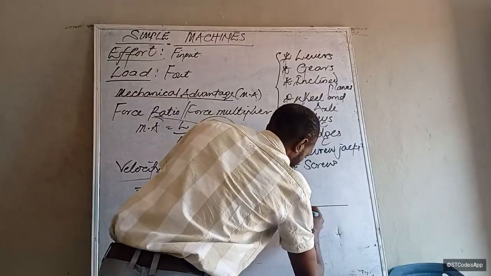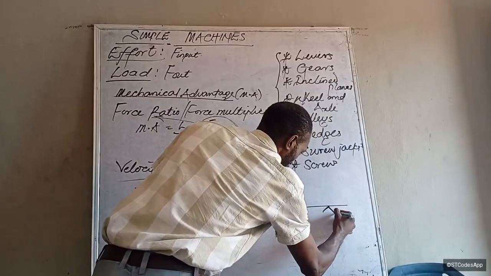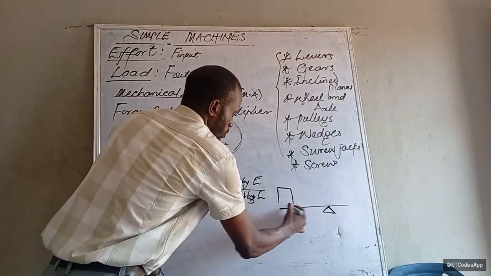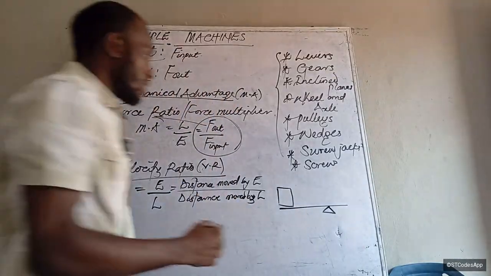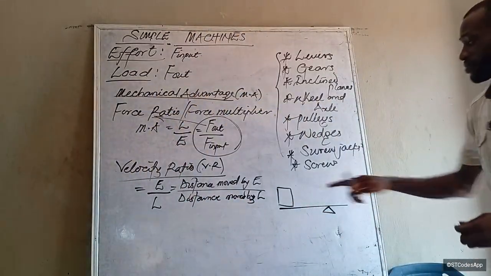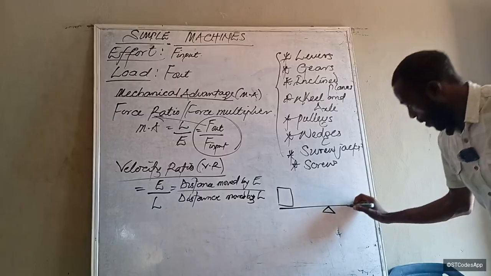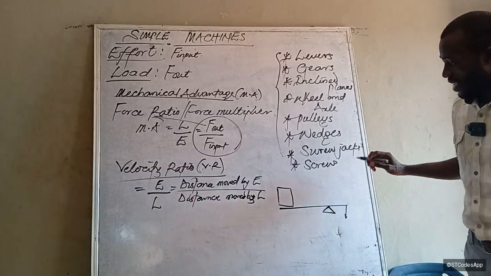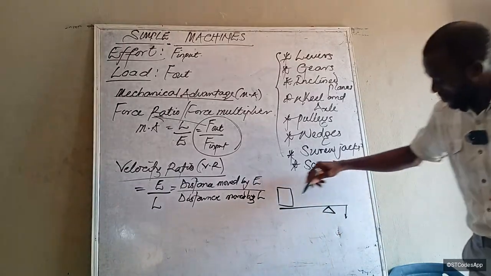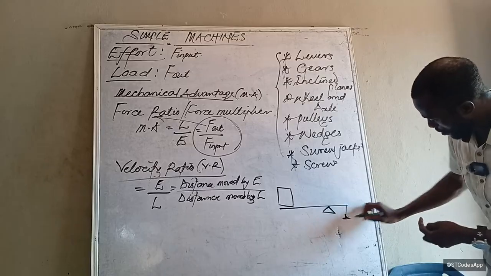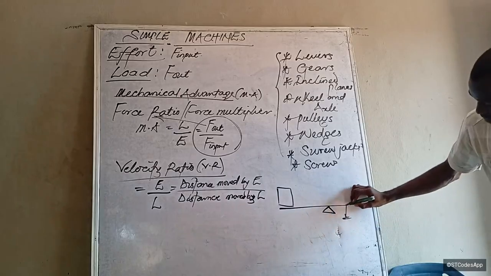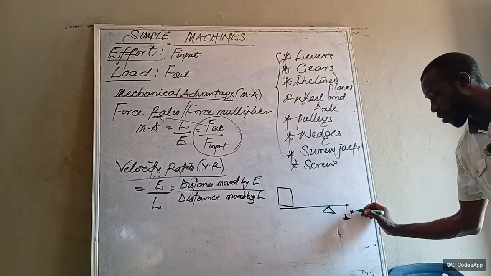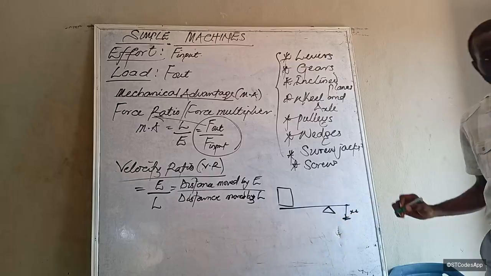Look at this lever, for example. I pivot this point and I want to overcome this load. So if I want to lift this thing, I will apply a force downward, right? If I move this thing from this point to this point, let's call this displacement x of my effort, x of e.